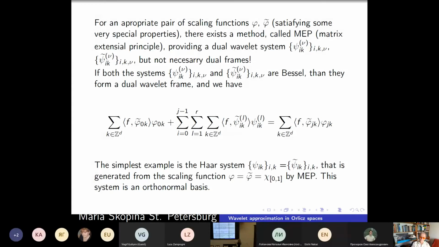This is an orthogonal basis, in the one-dimensional case, and only one function without index. The classical Haar system may be constructed by it from this scaling function, the characteristic function of [0,1].